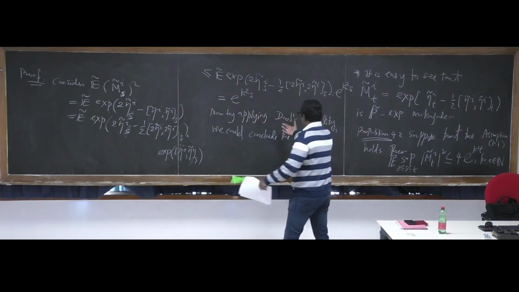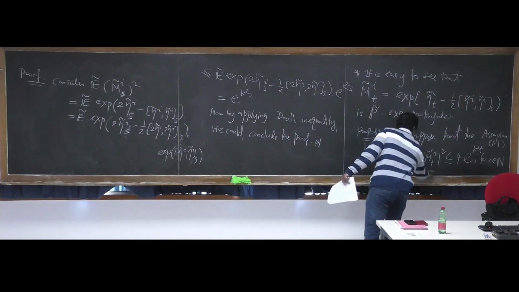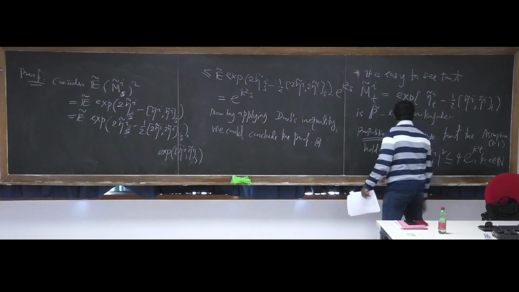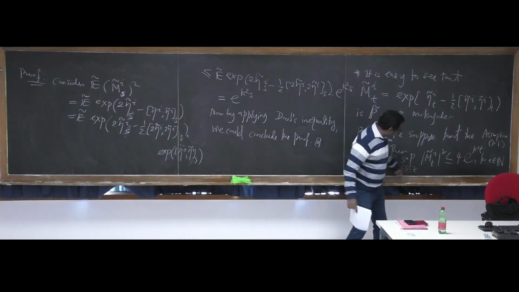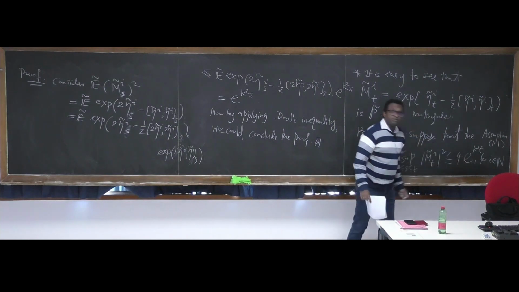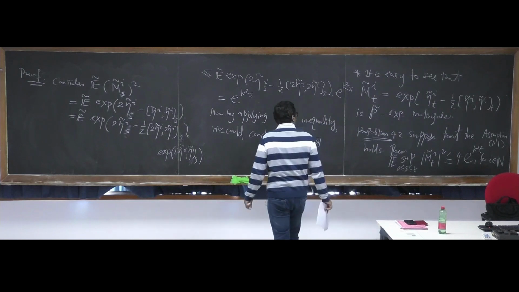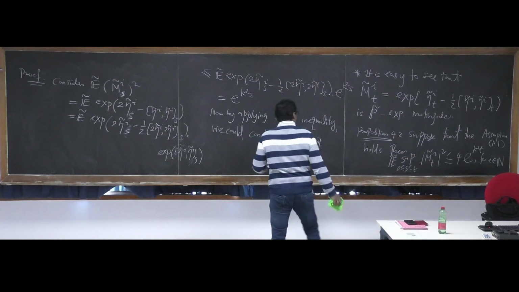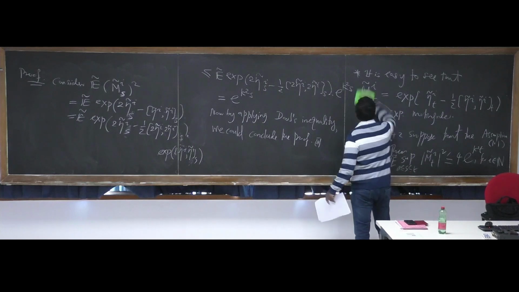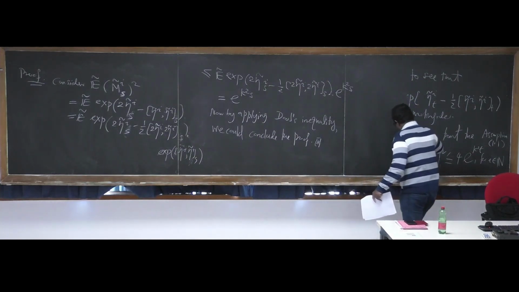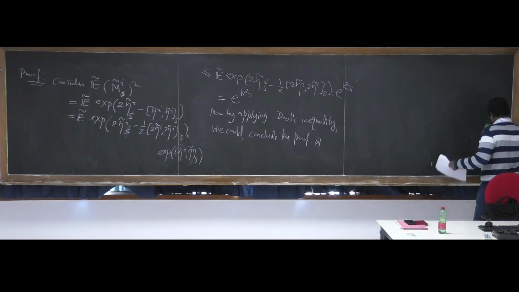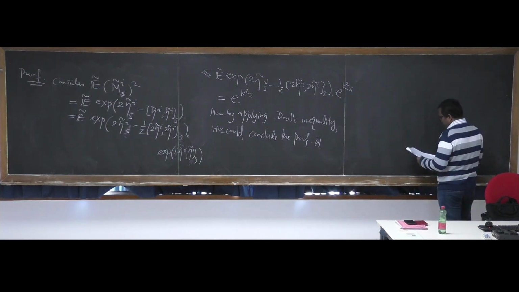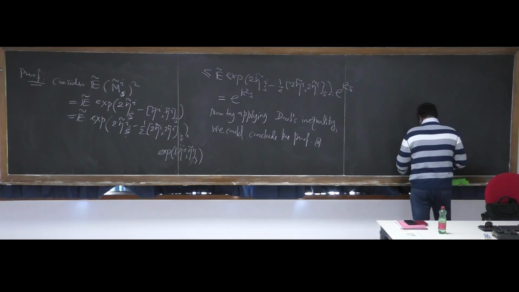Then applying Doob's inequality, you get this bound: expectation of the supremum over [0,t] of this is bounded by this. So that is the proof of this proposition. So we are going to use this proposition to discuss the proof of the following corollary.